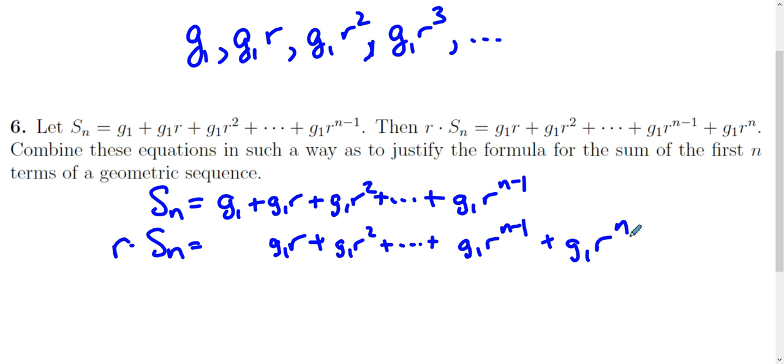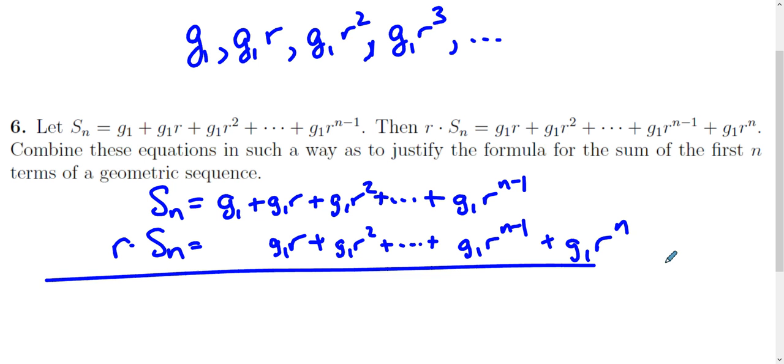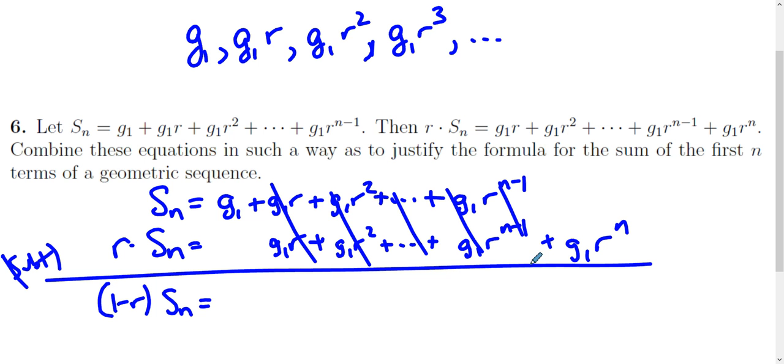So then what happens? Well, if we subtract those two equations, we get 1 minus r times S sub n, and then all of these go away, and we're left with g1 minus g1 r to the n.